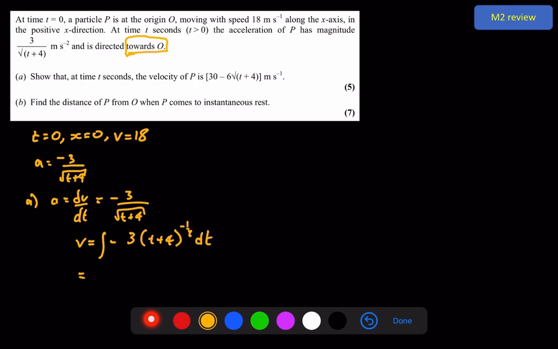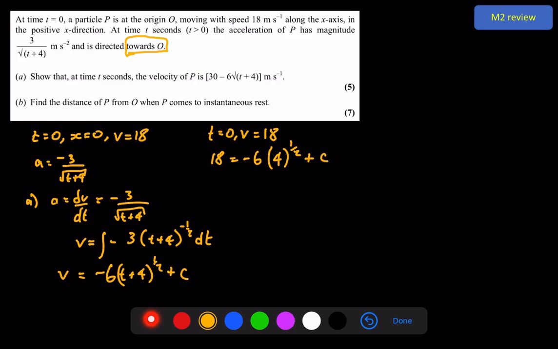That will give us (t plus 4) to the half, divided by a half to get minus 6 plus c, and we know when t is equal to 0, v is equal to 18, so 18 is equal to minus 6 times 4 to the half, plus c. 4 to the half is 2, so that's 12, and we get c is equal to 30.